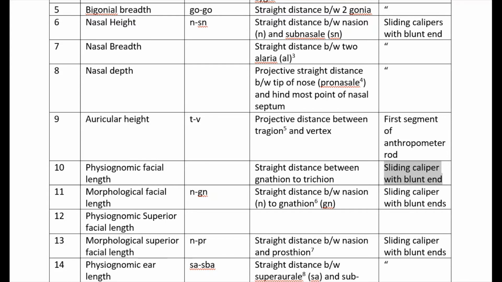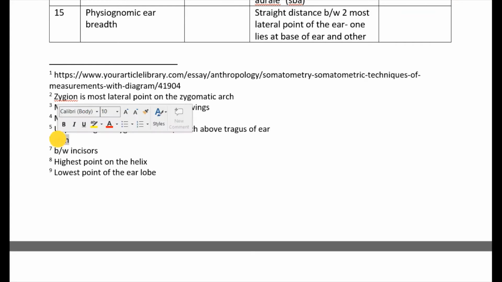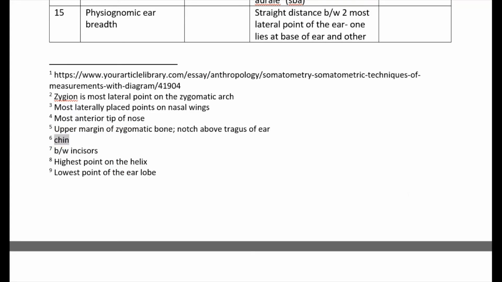The difference here is that in the physiognomic length we take from trichion, which is from the hair, that is, we include the forehead portion, but in the morphological length we only use the nasion and again measure till gnathion, the lateralmost point on the chin.